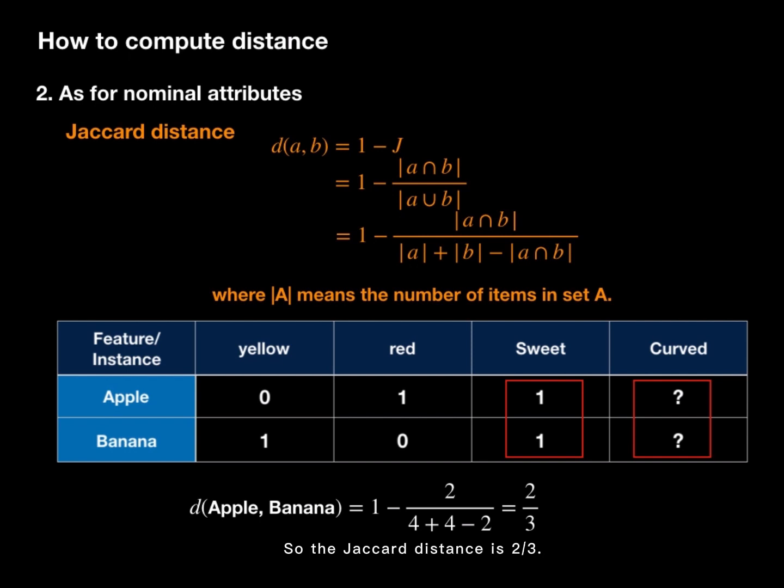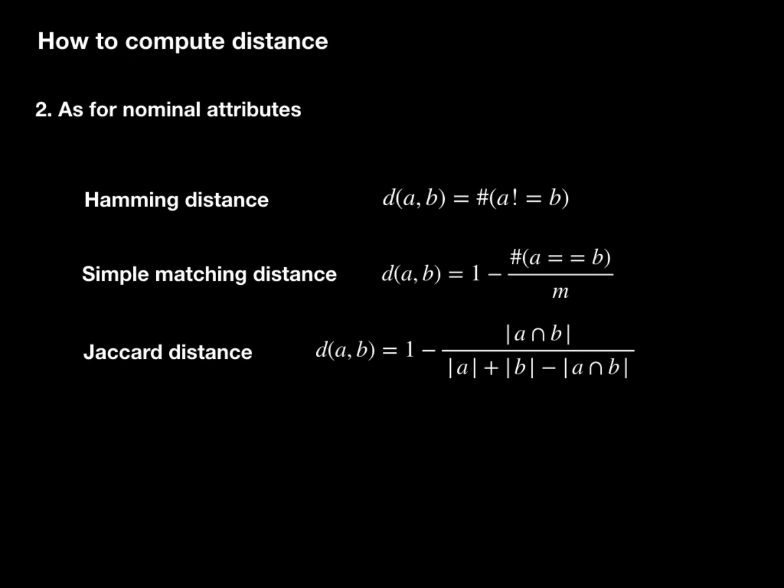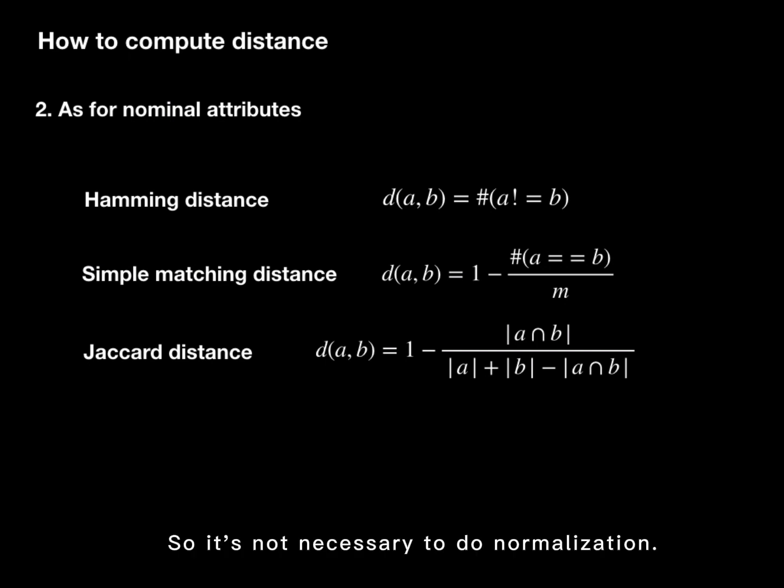So the Jaccard distance is 2 divided by 3. Therefore, in conclusion, as for nominal attributes, we can use these 3 metrics. And apparently, we can see that all of them just match the attributes directly, so it's not necessary to do normalization.